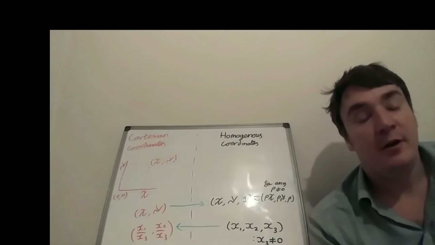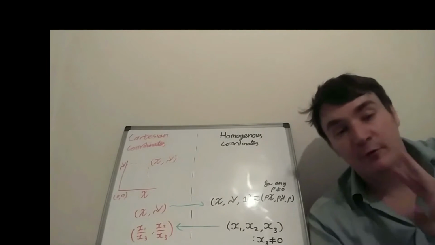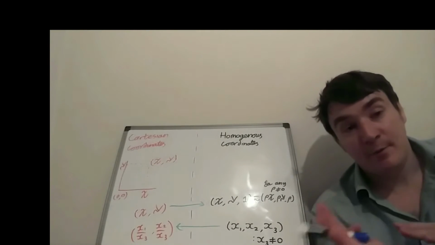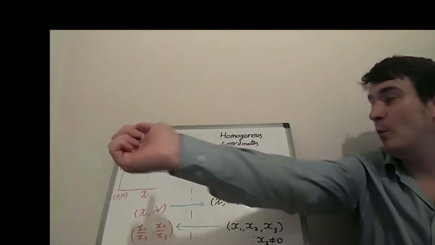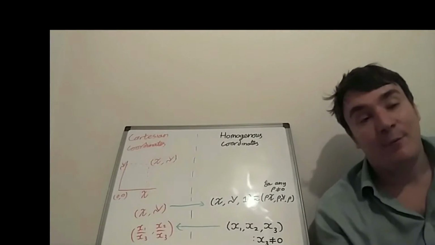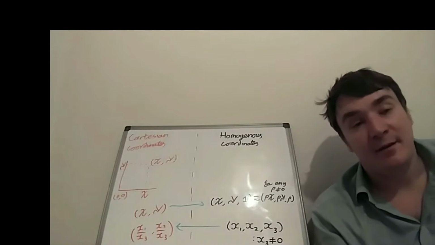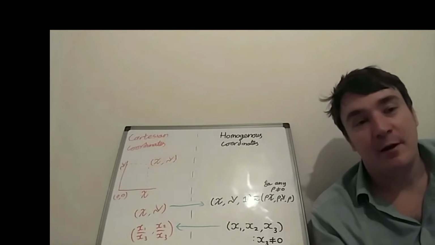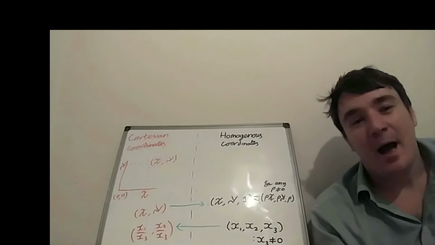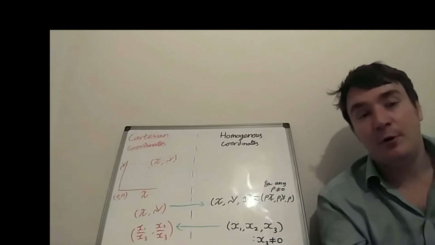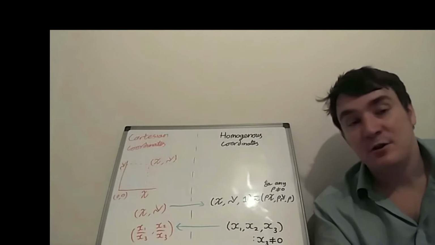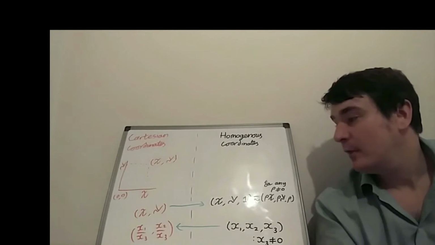So in Cartesian coordinates we just need two numbers to describe a point, and every point on the plane has a unique description in terms of these coordinates, except perhaps the points at infinity, if you want to believe in those. So homogeneous coordinates then are a bit different, but there is a very natural connection between these two things.